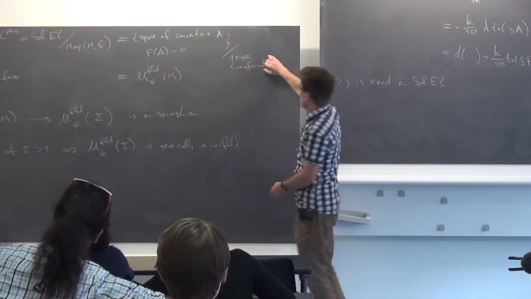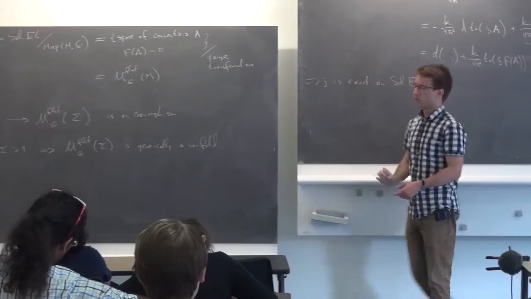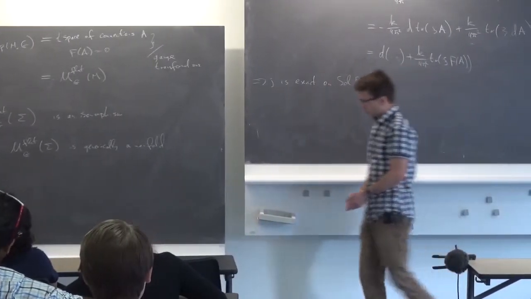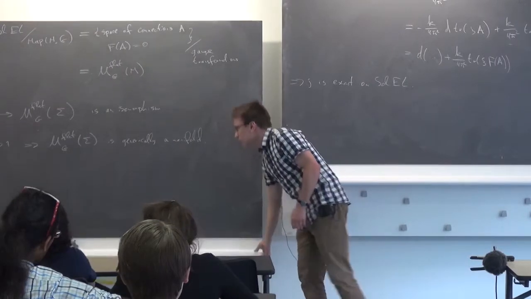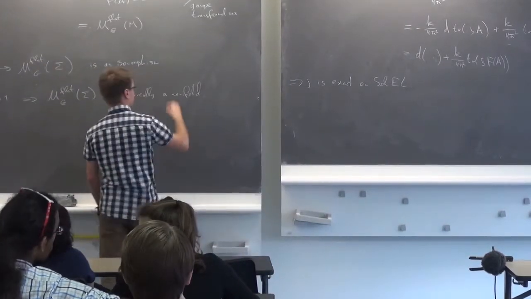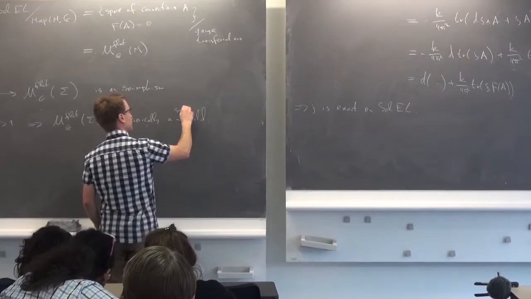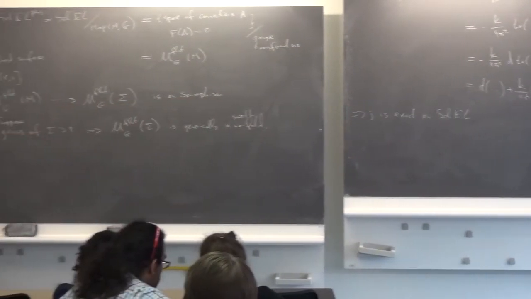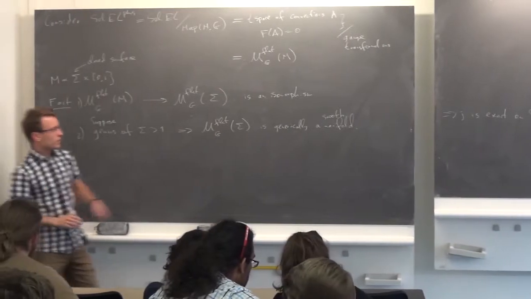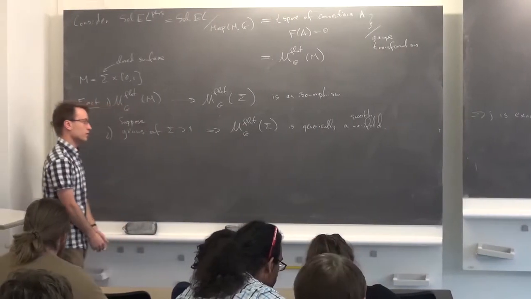And then you moreover mod out by gauge transformations, so it's even worse. But still, generically, this is going to be a smooth manifold.